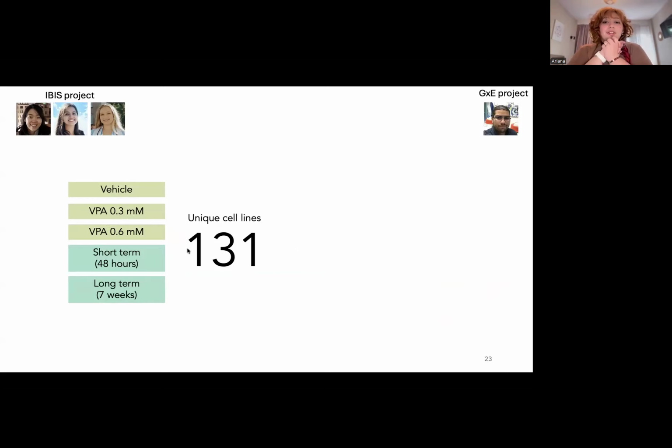Okay, so after a lot of cell culture and a fantastic team, we ended up generating organoids from 131 unique cell lines. These include other cell lines outside the IVIS cohort. In this experiment, we have a subset of donor replicates. This means that from 10 individuals, we had 3 iPSC clones, and we generated organoids from each of the clones.